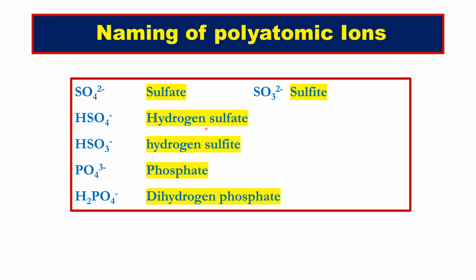HSO4- is hydrogen sulfate, HSO3- is hydrogen sulfite. So always when there are three atoms of oxygen, it ends with -ite, but when there are four, it ends with -ate. PO4 3- is phosphate. H2PO4- is dihydrogen phosphate.